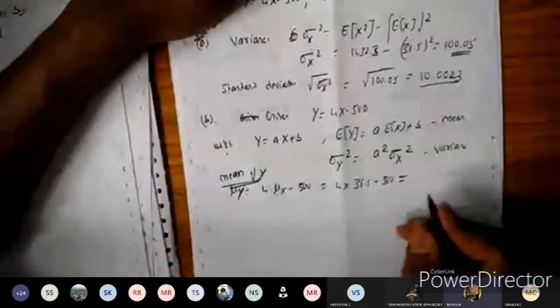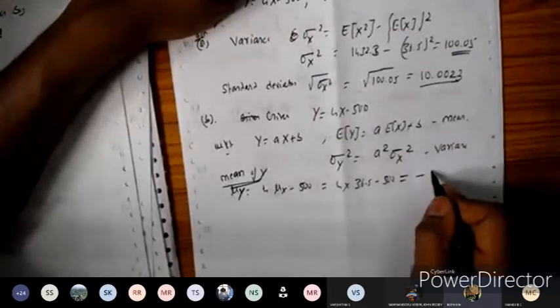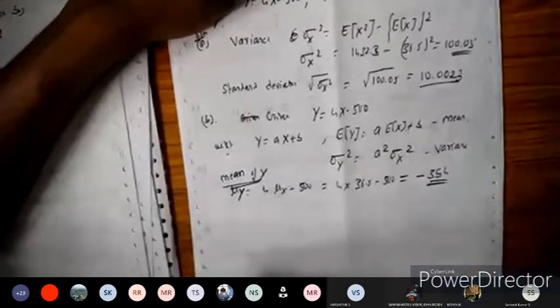How much do you get? Minus 354. Very good. Minus 354 we get here.